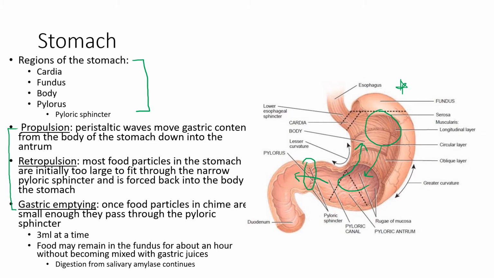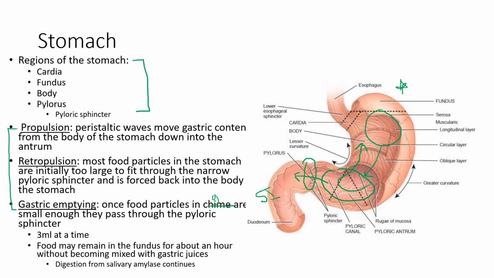This is going to be what's called gastric emptying. So this is once food particles and chyme, which I know this is not spelled correctly, there should be a Y instead of an I, are small enough to pass through the pyloric sphincter. It is going to empty out the contents of the stomach, at least in the bottom portion here, into the small intestine, which is what this tube right here is.